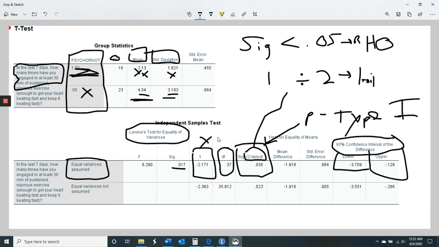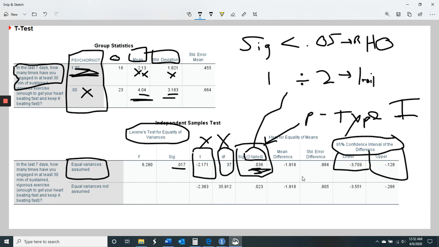I'm sorry, I should say t(37) equals negative 0.217, p is less than 0.05.